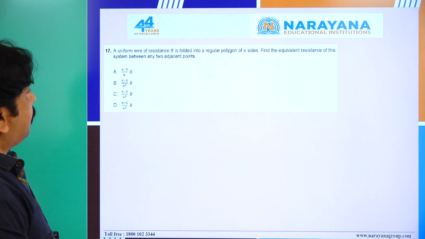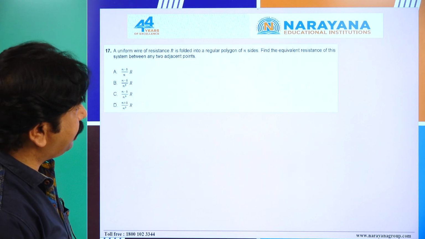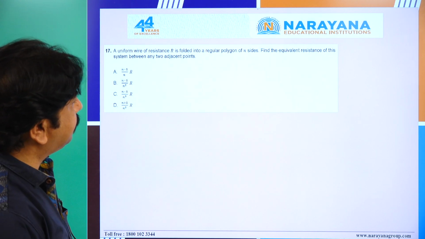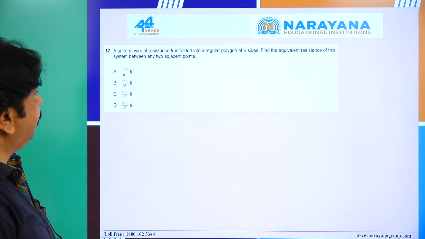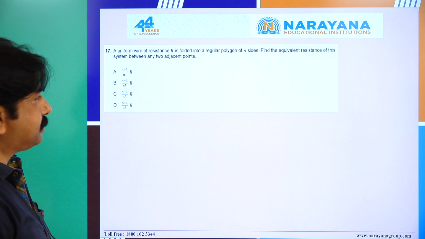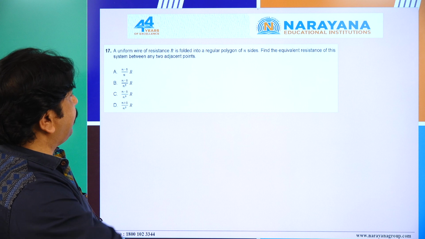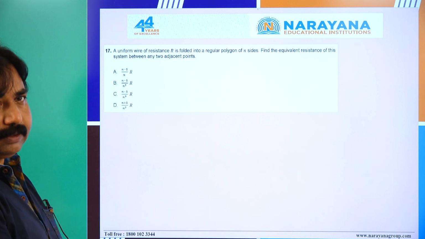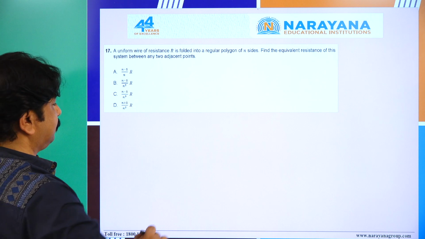Uniform wire of resistance R is folded into a regular polygon of n sides. Find the equivalent resistance of this system between any two adjacent points. Now, uniform wire of resistance R is folded into a regular polygon.